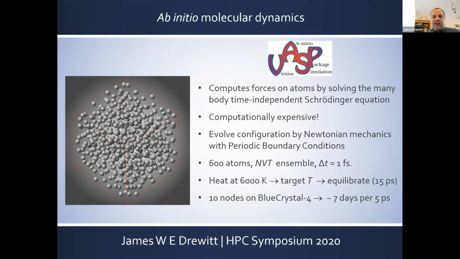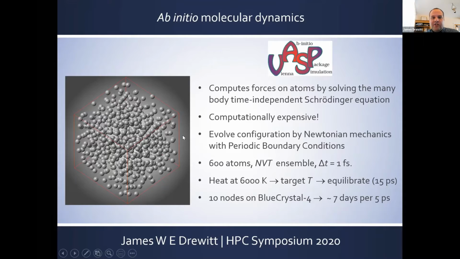And this is extremely computationally expensive and scales with the number of electrons in the supercell. At each time step, the atomistic configuration is evolved by classical Newtonian mechanics, but these forces are derived by quantum mechanical methods.